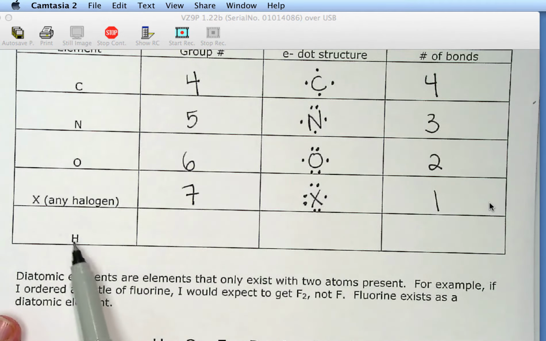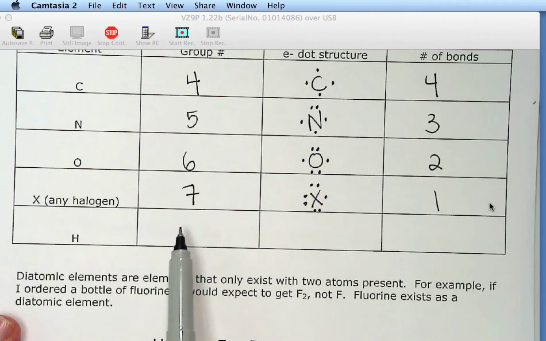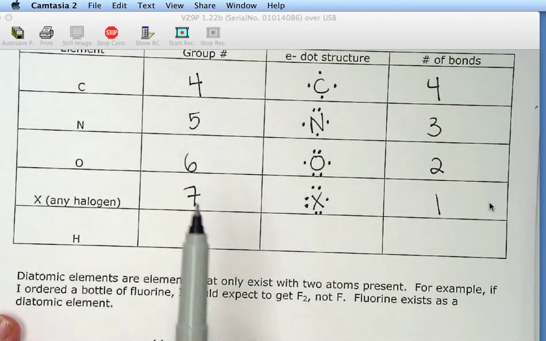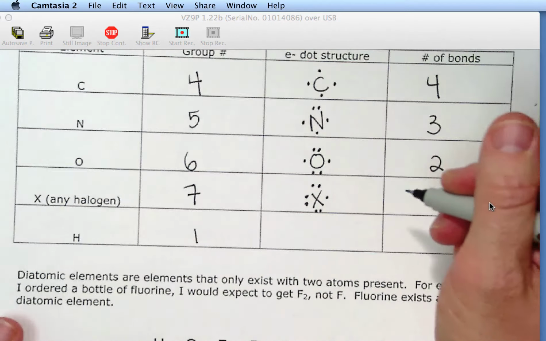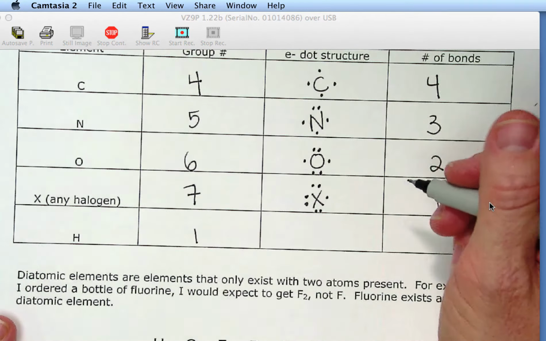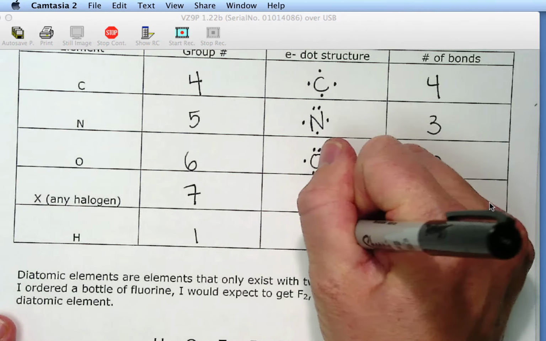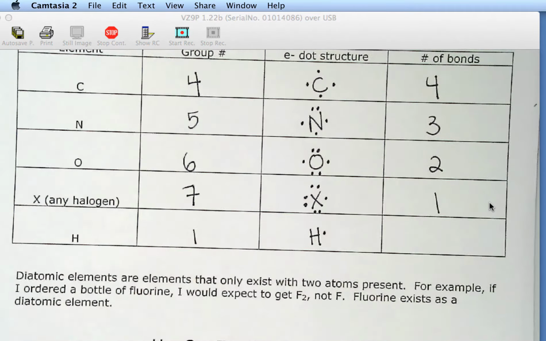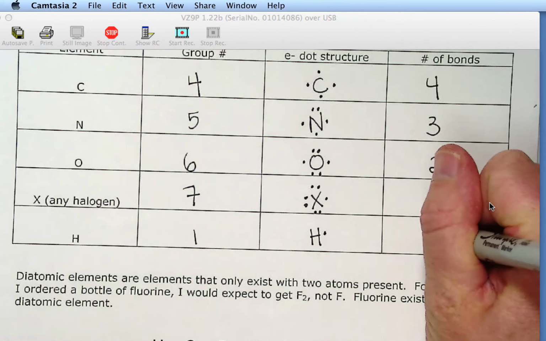Now hydrogen, what group number is it in? 1. The electron dot structure, what would it look like? How many bonds will hydrogen have? Careful. Remember, hydrogen is a minimalist. Just 1.